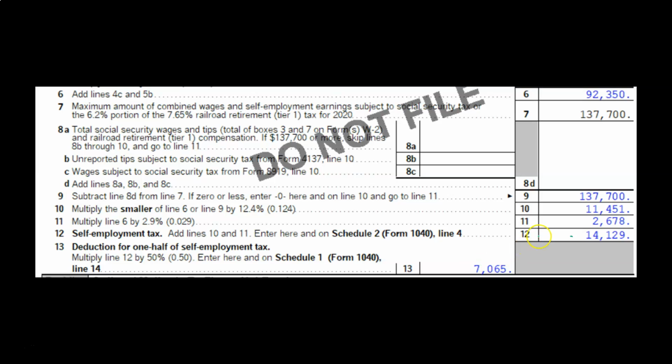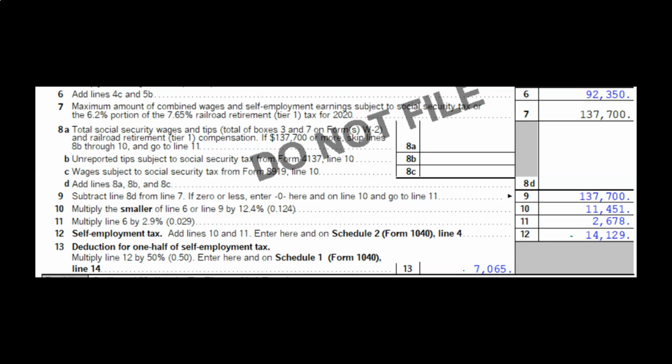So basically, if we're trying to make this equivalent to what would happen in a Schedule C business, we should be able to deduct half of it. So we got to pay the whole thing. The 14,129 in this case is what it calculated to, but half of it should be deductible if we're trying to mirror what would happen in like an employee-employer situation for a C corporation.